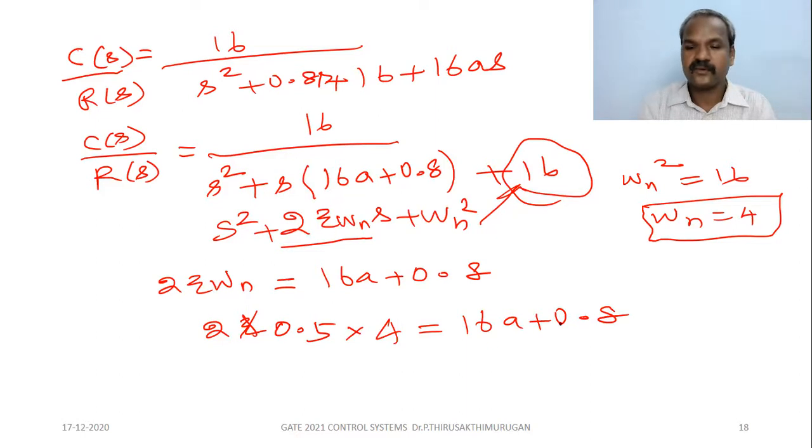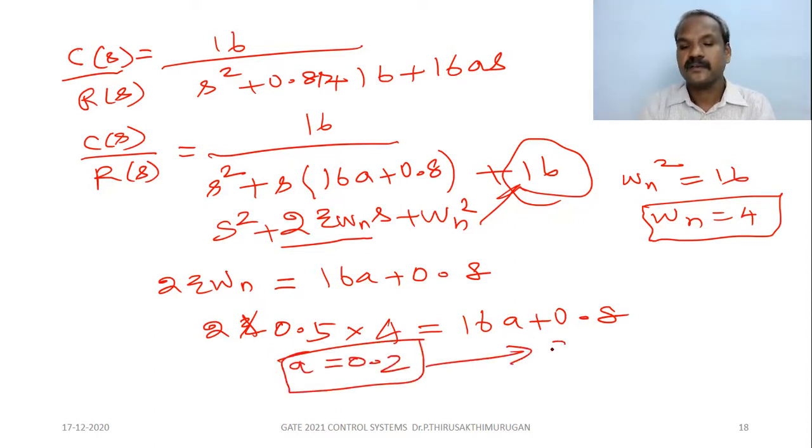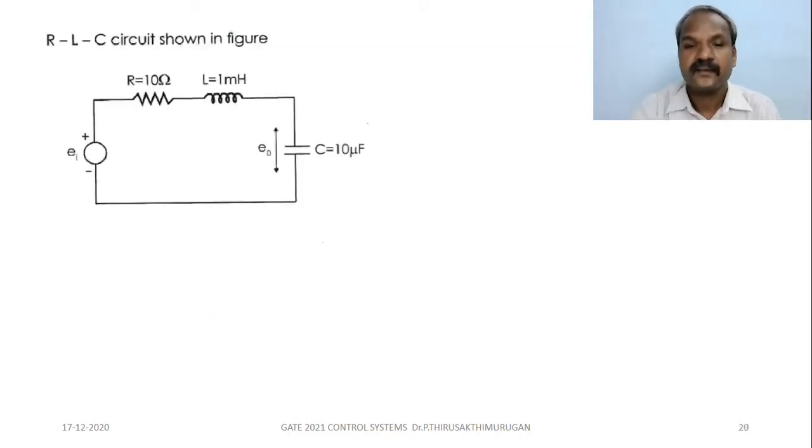So 16a equals 4 minus 0.8, and you will get A equal to 0.2 for the damping ratio zeta equal to 0.5. Understand?